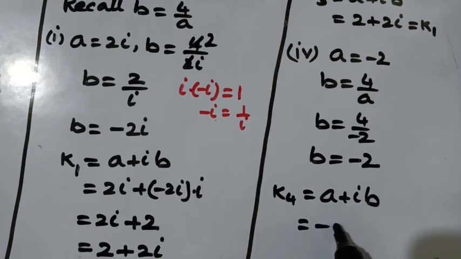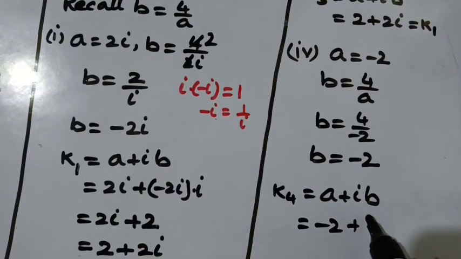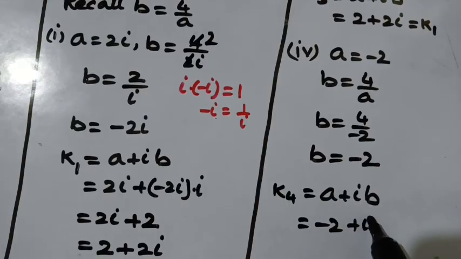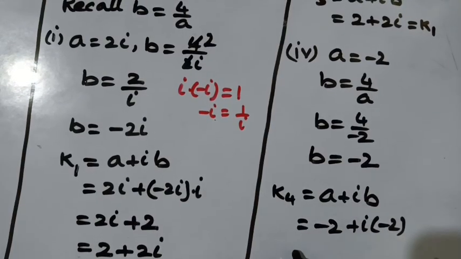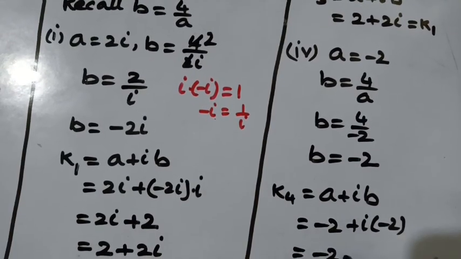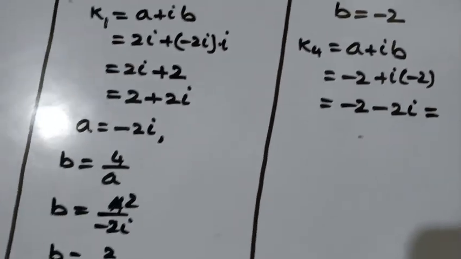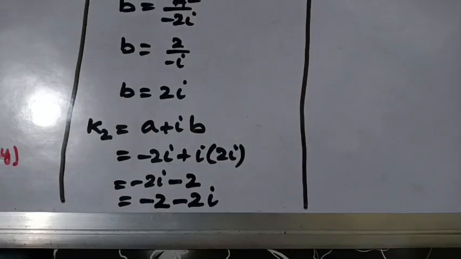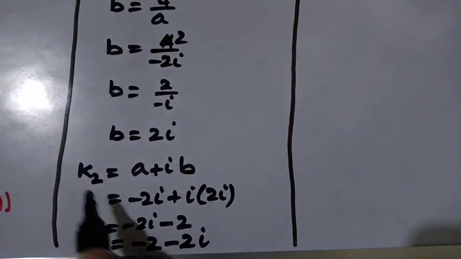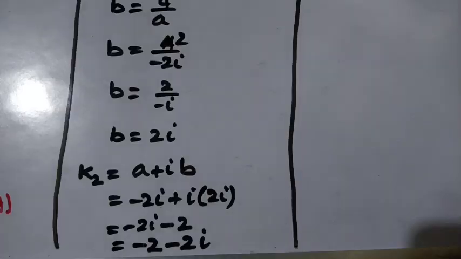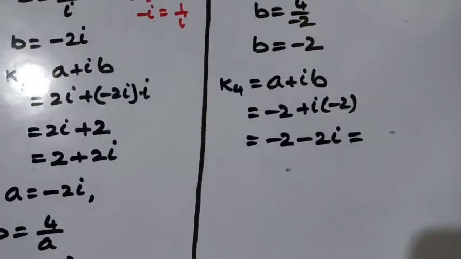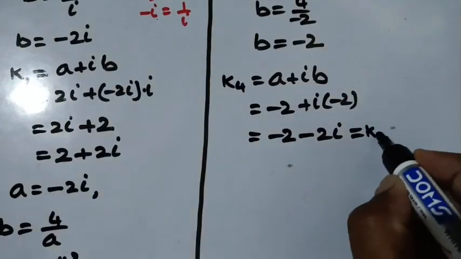So a is minus 2 plus, here I write i times b is minus 2. So that is minus 2 minus 2i. This value of k, that is k4 is equal to minus 2 minus 2i, is also not a different value. So here already we obtained this value, k2 is equal to minus 2 minus 2i. So this k4 is equal to k2.